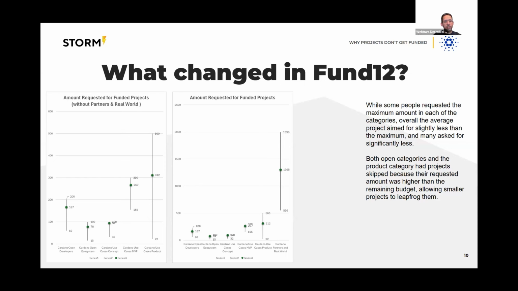And then eventually it gets below the maximum for that category. And let's say the amount remaining in the budget is now 100,000 ADA. That means that every project that is in at 300,000, at 200,000, at 150,000 is getting skipped. And the first project to have 99,999 or even exactly 100,000 is going to be the next project approved to deplete the rest of that budget.